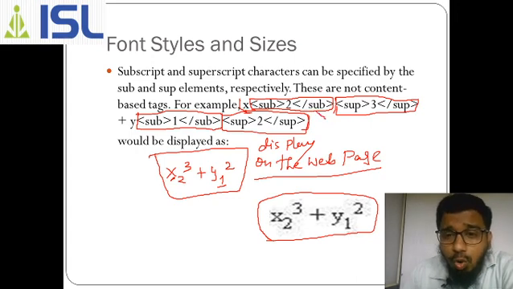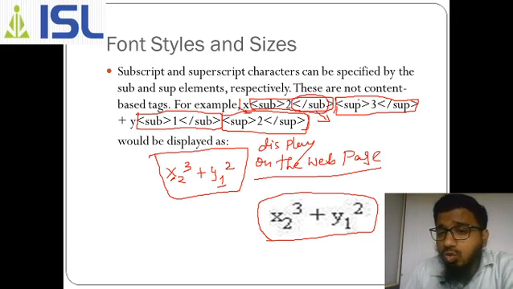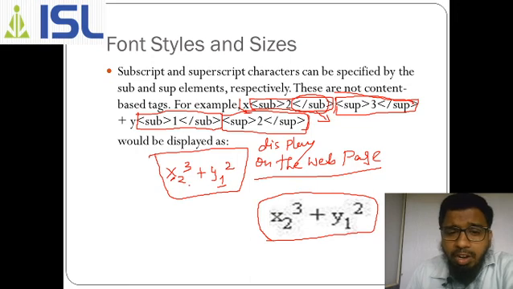If you do not close this closing tag, then whatever is on the right side of this sub will all come under the base only like this. So be careful while writing the code.